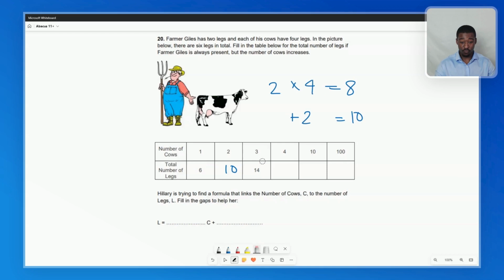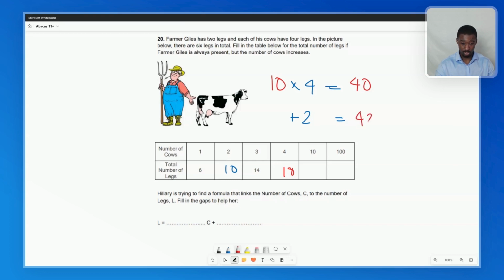What about 4 cows? Well, it's going to be not 2 now, but 4 times the 4 legs, which is 16. Add the same 2, which is 18. What about 10 cows? Well, it's going to be 10 times the 4 legs, which is 40.